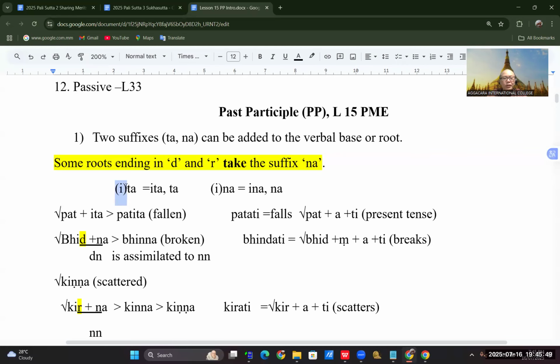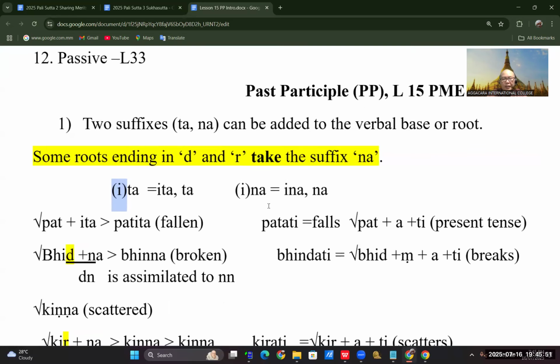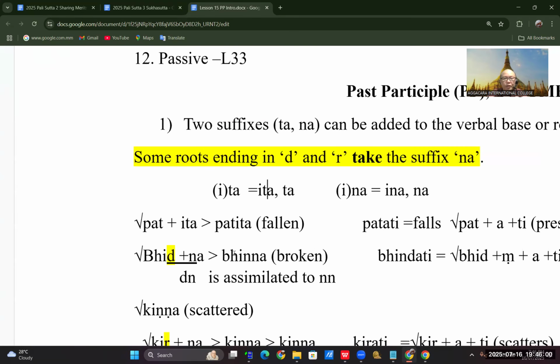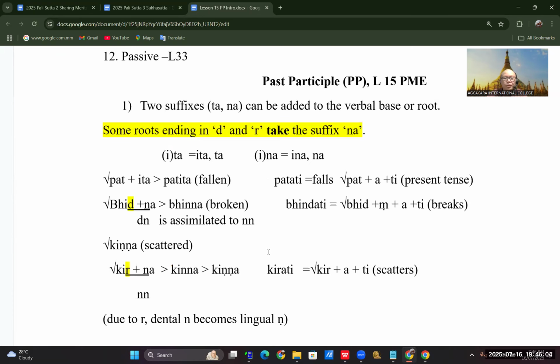So that's why we put the i in round brackets, to show that it's optional. Right, kinna: ki plus na becomes kiṇṇa, due to the r sound, all right?